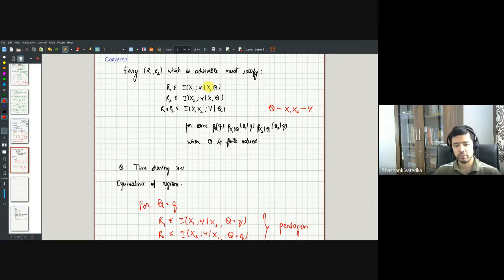Right? But when we describe the achievable rate region, we have this new term Q, which we're introducing. It is sometimes called a time sharing random variable.